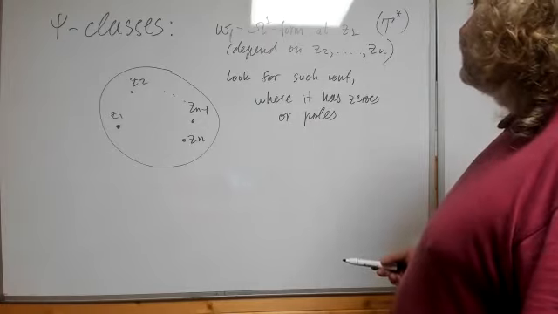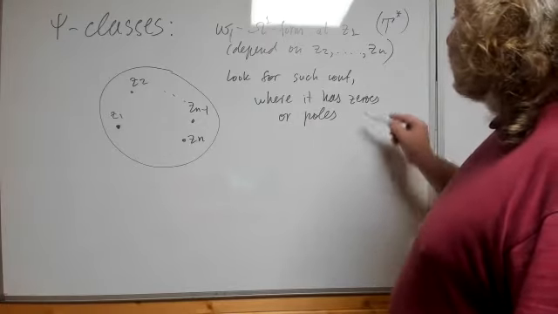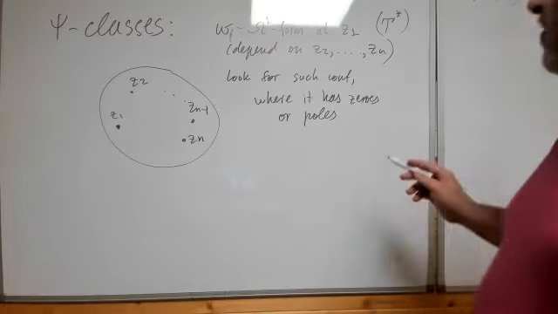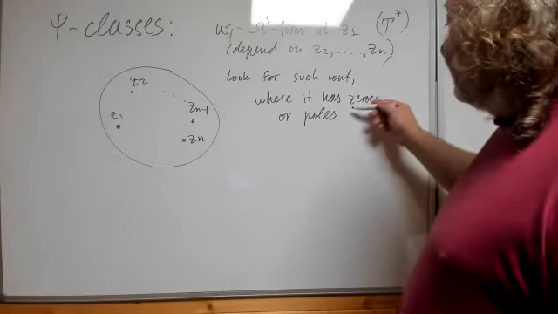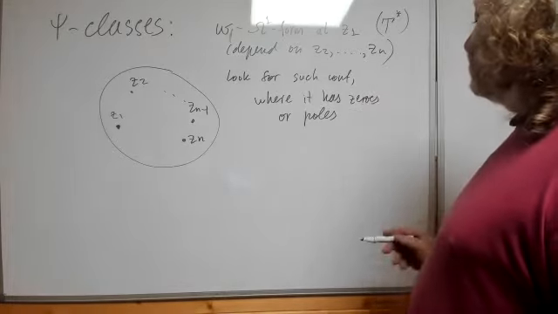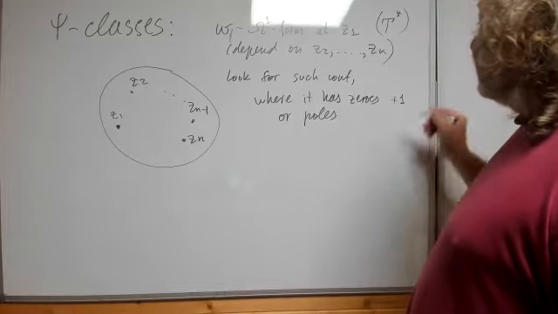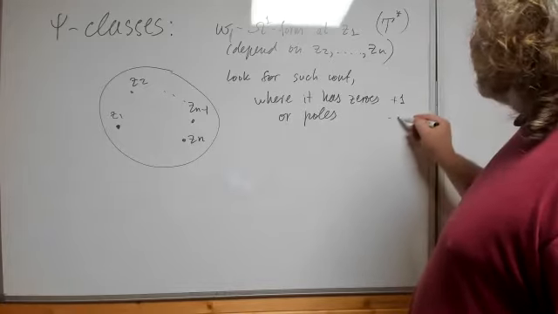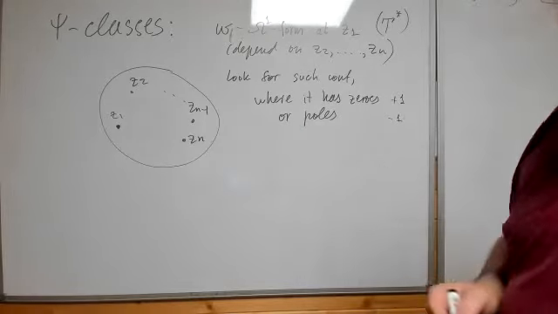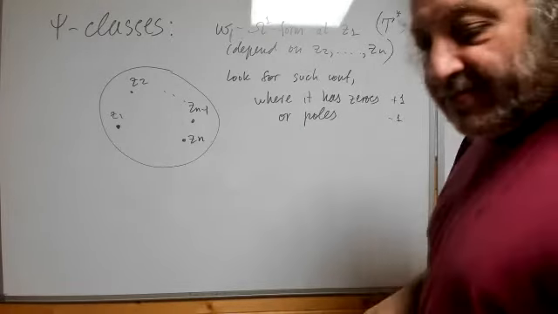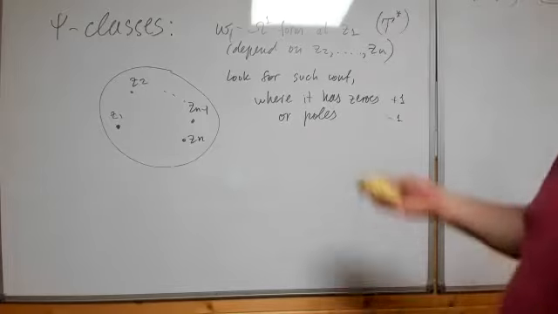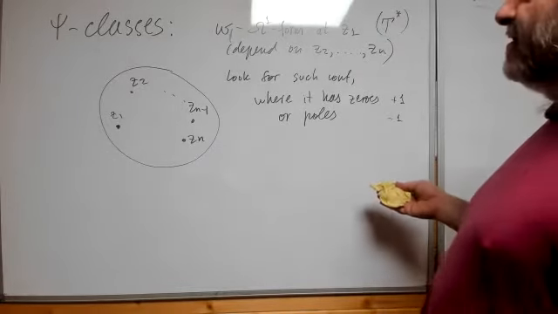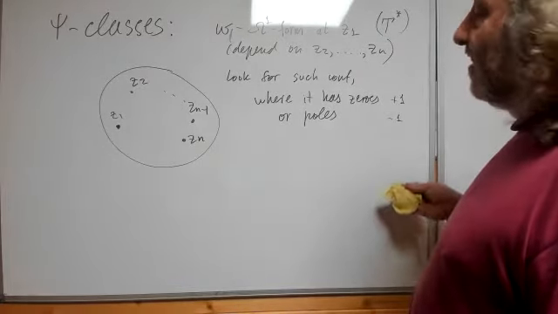Okay? So we would consider zeros, say with sign +1, and poles with sign -1. Okay, so to do it, let us consider an example.